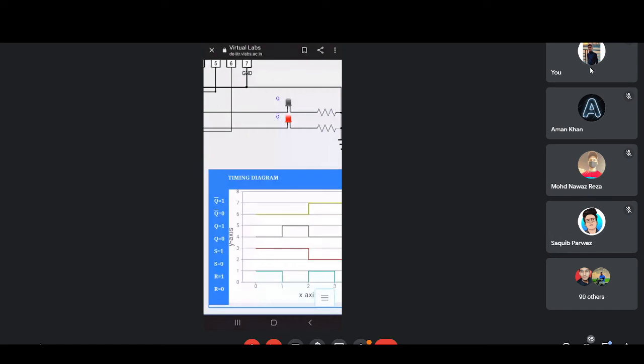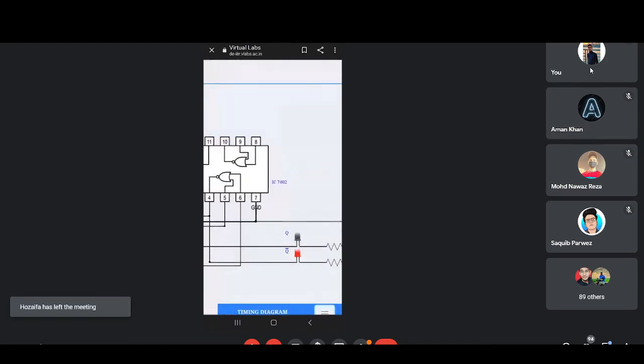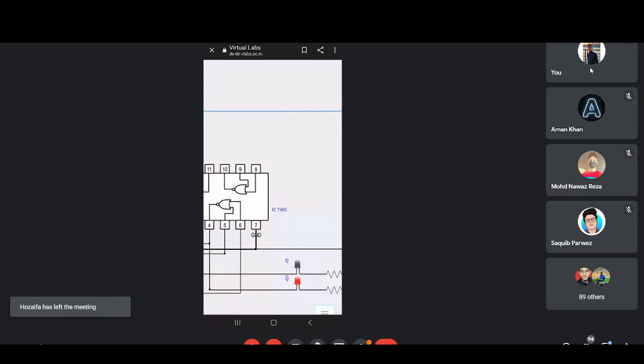So not only set and reset, there is a memory state which can be utilized for memory purposes. I hope it is clear to you. Now you can perform and write it in your lab files.